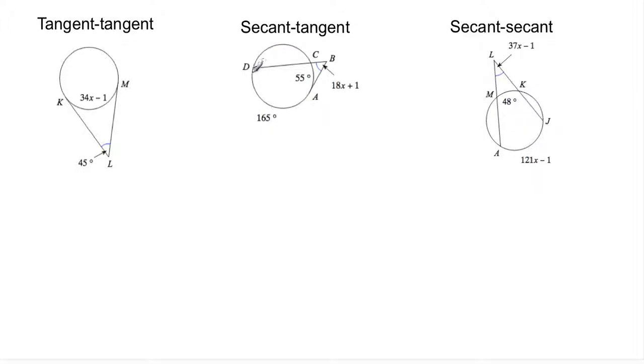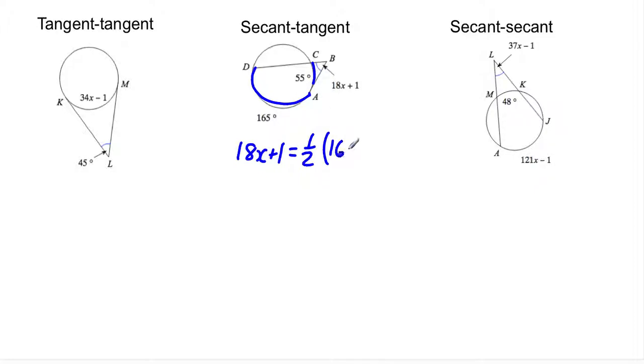And here we can see that this arc DA is a measure of 165 degrees, while this measure CA is 55 degrees. Well, if I have this angle here, B, that opens up and intersects both of those arcs, then I know that 18x plus 1 is going to be equal to half of the difference of those two arcs.